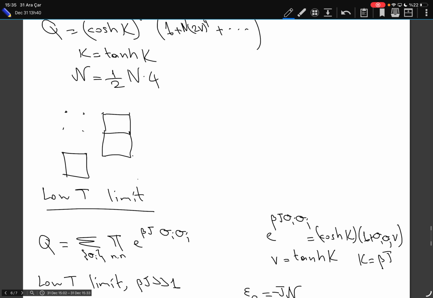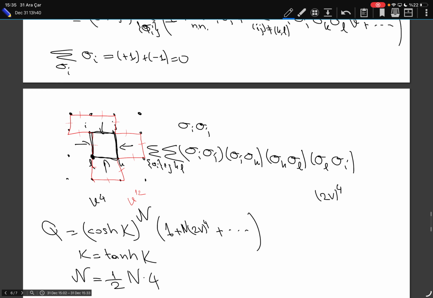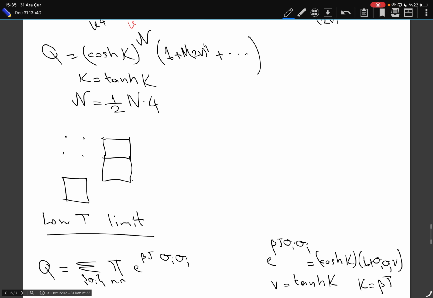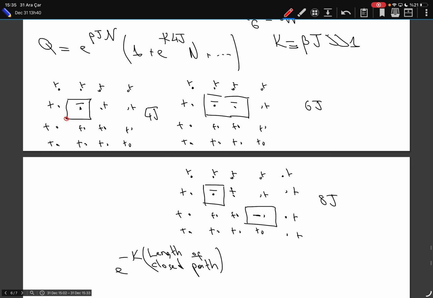You see here, the closed paths I wrote down are connecting the lattice sites. Here, the closed paths I wrote down are crossing the lattice links, if you like. Or they are connecting these points, not the lattice sites.